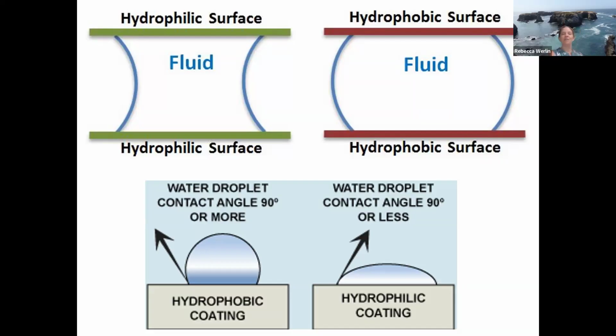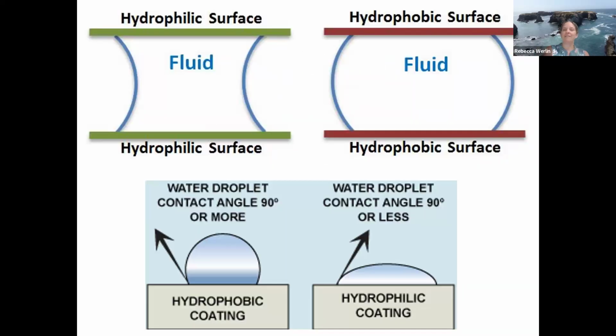And then down at the bottom, you can see you have a hydrophobic coating, in which you have water molecules that want to stay far away until you get really defined drops. And then if you have a hydrophilic coating, again, water wants to be near it the most, and so you get very flat drops. And so when you use something like Rain-X on your windshield, it's going to be a hydrophobic coating. It wants to make those water molecules and water droplets be away from it, so you get those really tall, defined drops.